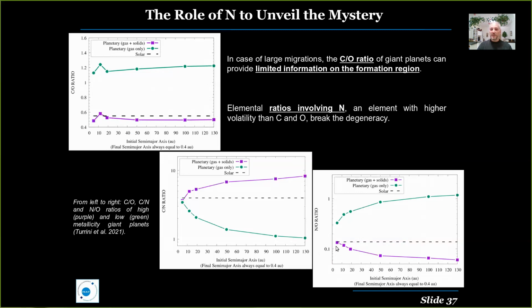So the N over O ratio of giant planets accreting a significant fraction of solids and planets dominated only by the accretion of gas will never converge to the same value. And again, you have monotonic trends deviating from the stellar values the farther away the giant planet formed, so the more it migrated.